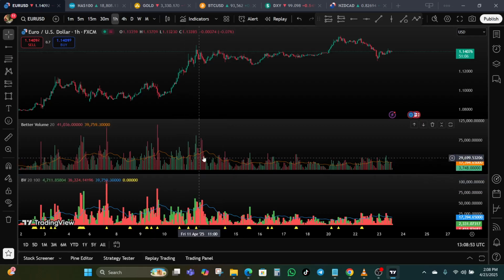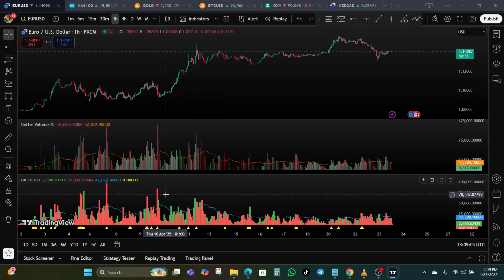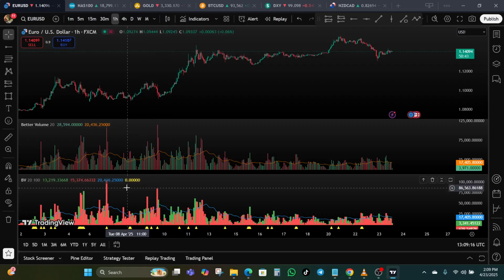So basically, like with the standard volume indicator, when you have the volume bars getting to the extreme top, it signals extreme buying or selling, depending on the color code.